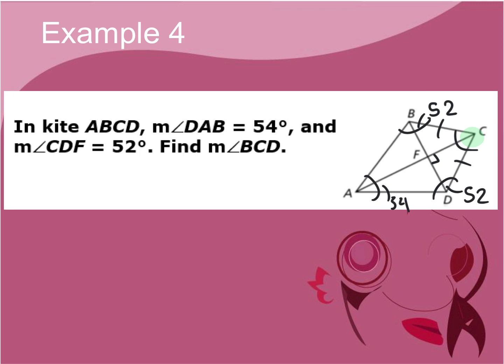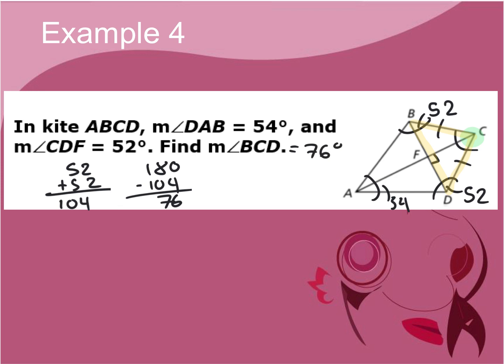The first way, you could do 52 plus 52 equals 104 and subtract it from 180 to get 76. Why do we do it that way? Because if you do it that way, we solve for this entire big triangle. Since you're solving for the entire angle BCD, we can figure out that BCD is 76 degrees.